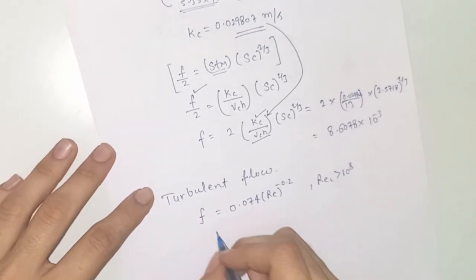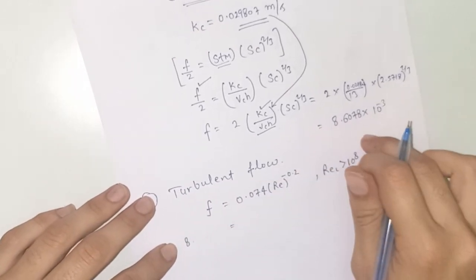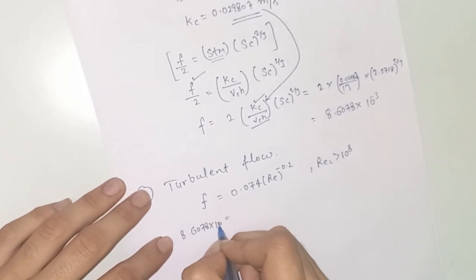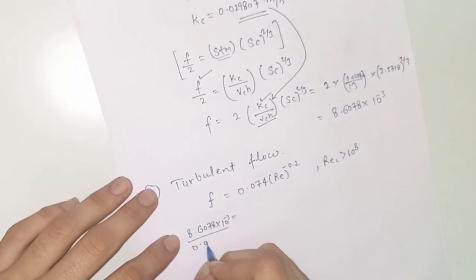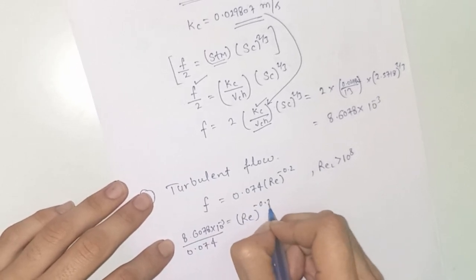So now we will put in the value of the friction factor that we have already calculated in the previous part, and we can find out the value of the Reynolds number.